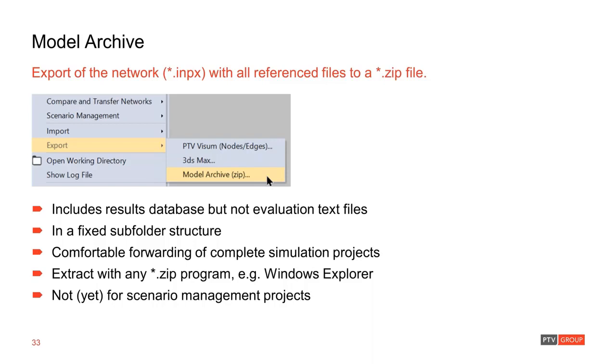Those are not copied automatically. Inside the zip file, there is a fixed subfolder structure, so any folder structure you might have had in your data directory is not replicated inside the model archive.